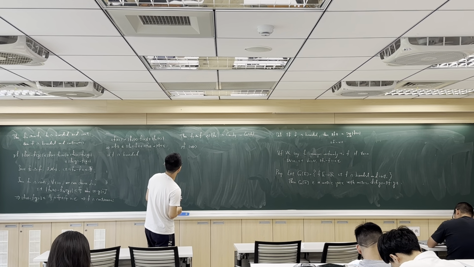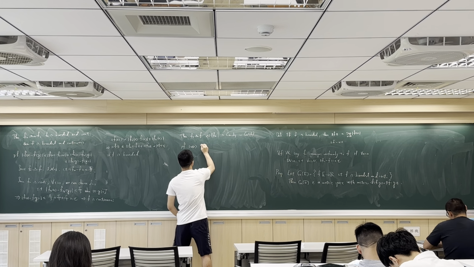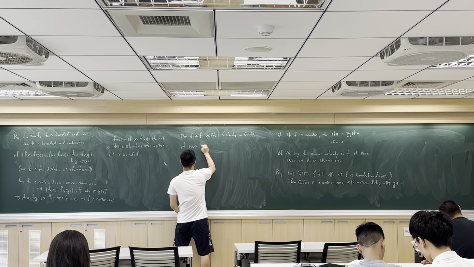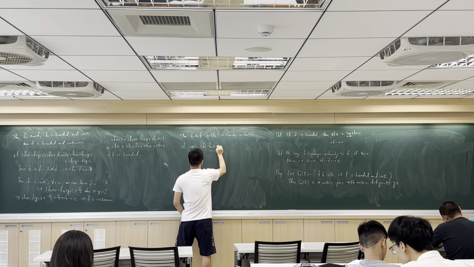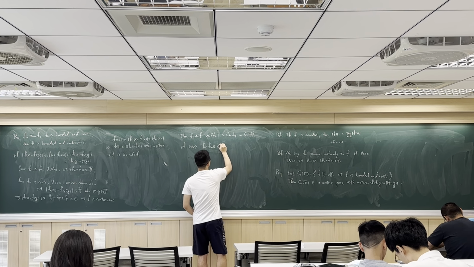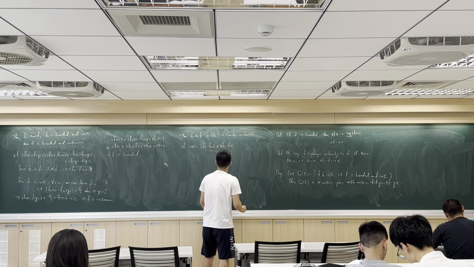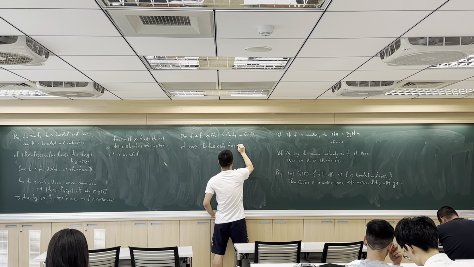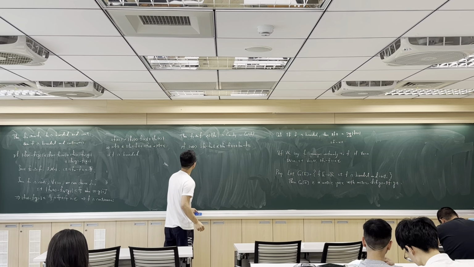Okay, we first prove this way. To prove Fn is Cauchy, Fn minus Fm is smaller than the distance between Fn and F plus the distance between Fm and F by the triangle inequality.